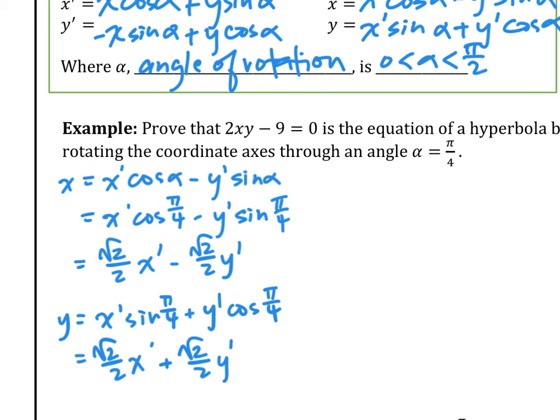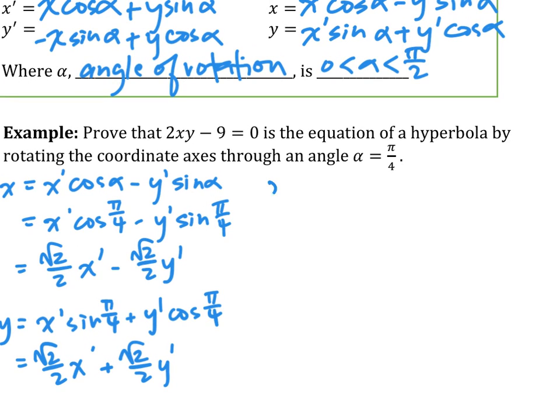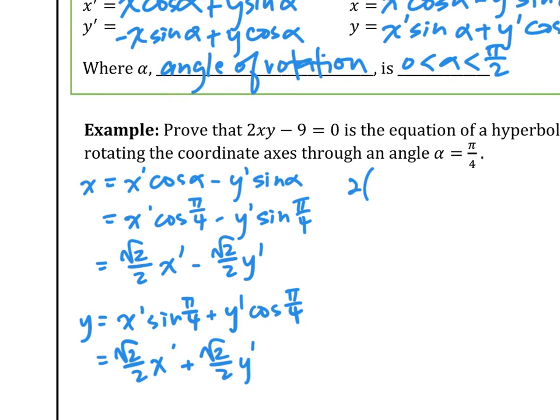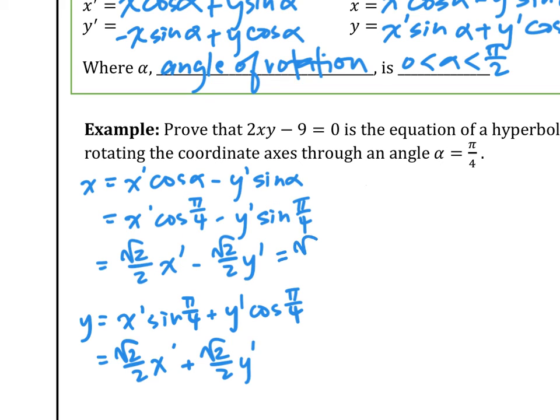Okay, now these are going to replace the x and y. So let's go ahead and do that. I'm going to simplify this a little bit so we can do the calculation a little easier, so I'm going to pull out the square root 2 over 2. I think it will make the calculation easier.